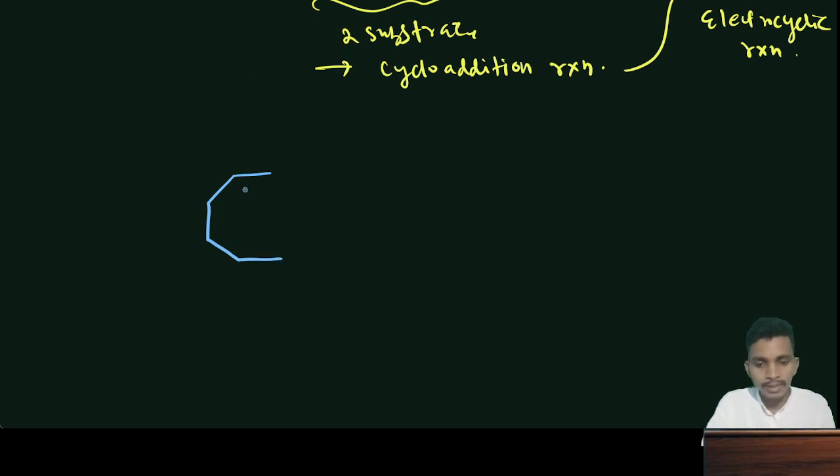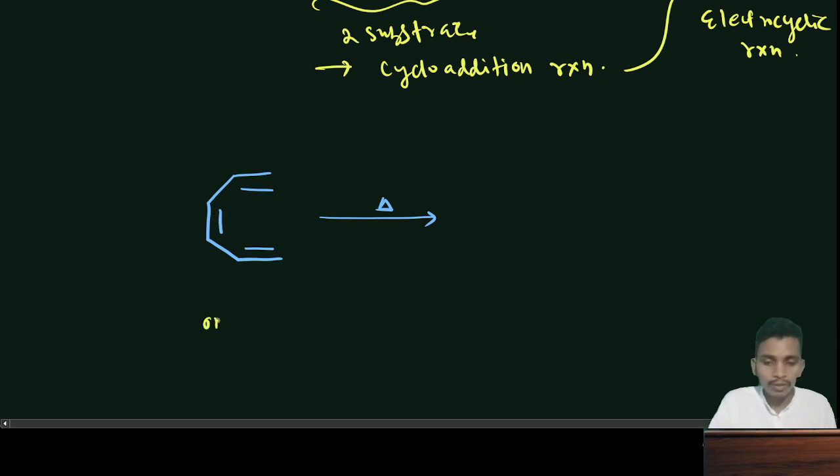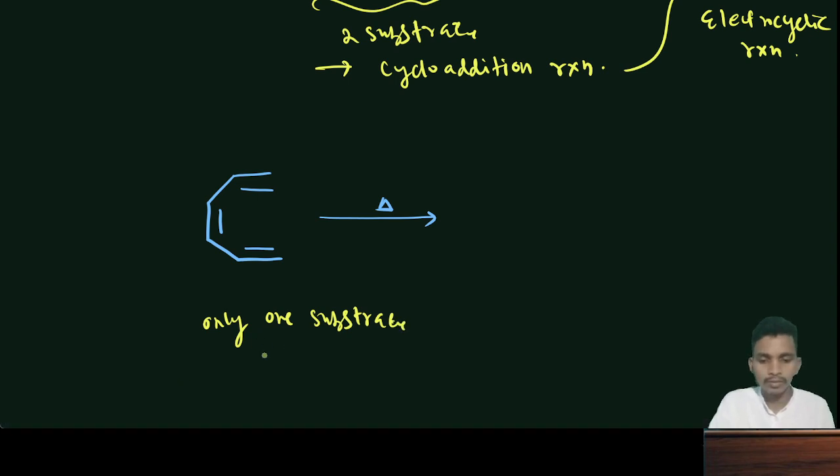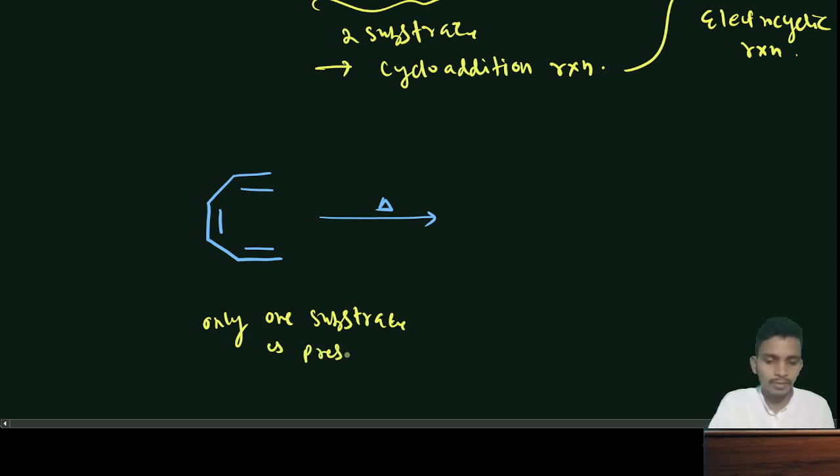Let's say here we have this, and this, and this. Now if you give heat here, only one substrate is present. This is an example of an electrocyclic reaction.